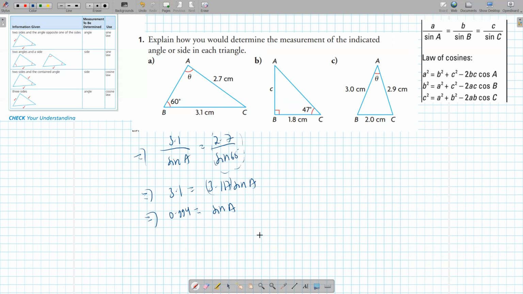You do the second function, sine inverse of this, and that gives you 84 degrees. A is 84, and you're done. Easy as that.